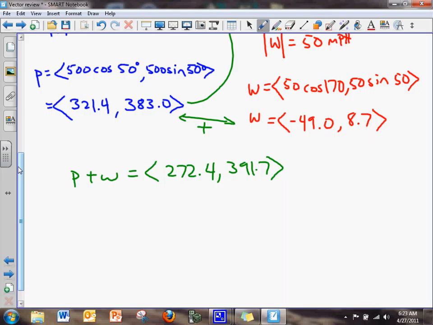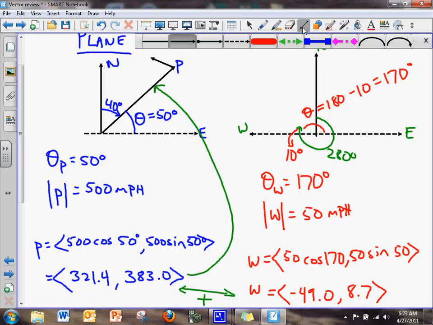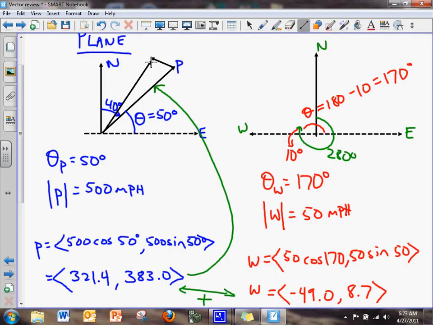From the component form, let's talk about that adding real quick. What I just did is I took that little vector and added it to the end of the plane vector, and the resultant vector looks like that.